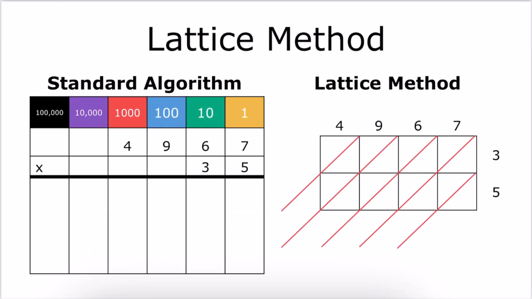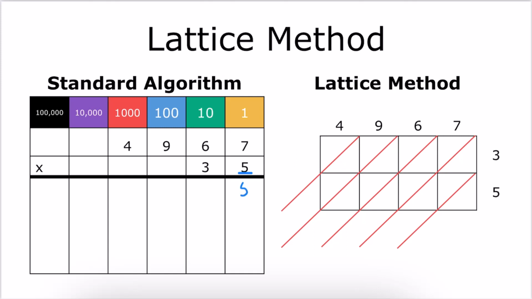And then the last thing I want to go over is the lattice method. So if we were doing the standard algorithm for 4,967 times 35, the way we would think about this is we're first going to think about 5 copies of 4,967. So you'd say, okay, 5 copies of 7 is 35.